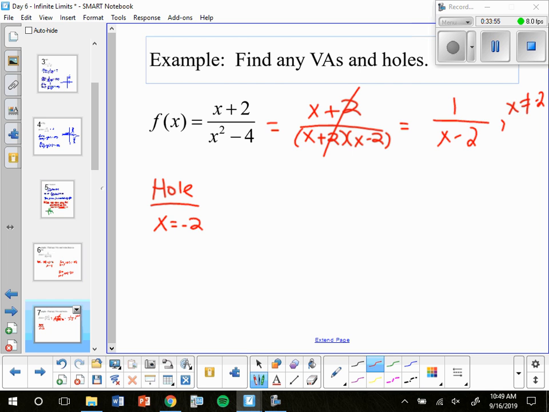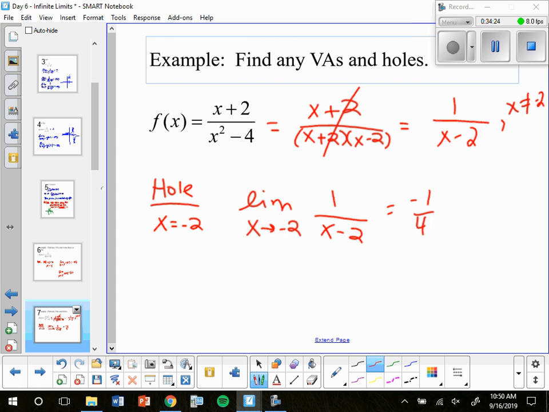How do I find the y value of that hole? How do I find what it's approaching? I can take the limit as x goes to negative 2 of that function, which I've simplified into this. And so what am I approaching? 1 over negative 4, negative 1/4. So I know that as I approach negative 2, there's no point there, but am I approaching the same thing on the other side?